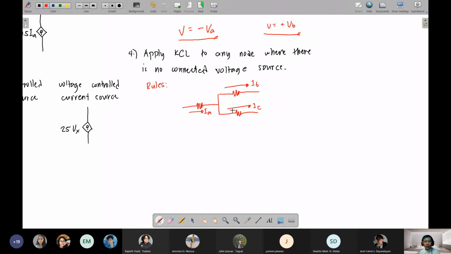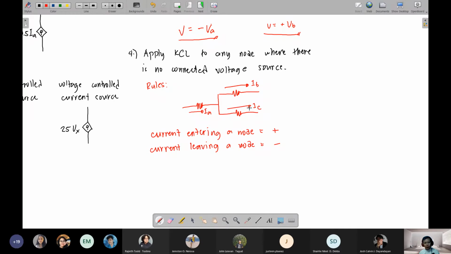Now, the rules when you apply KCL: current entering a node is assigned as positive, and current leaving a node is assigned as negative.